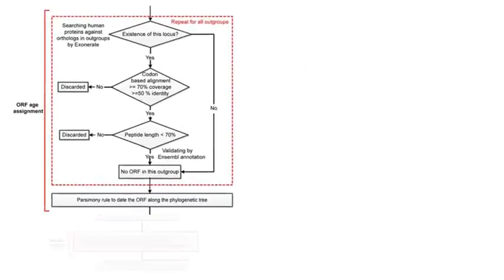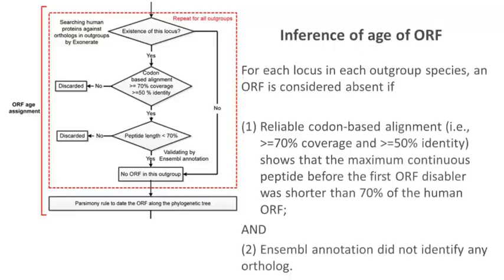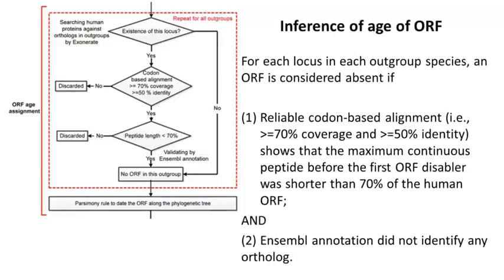In the second step, we assigned the age of the open reading frame. For each locus in each outgroup species, an open reading frame is considered absent if two conditions are both satisfied.